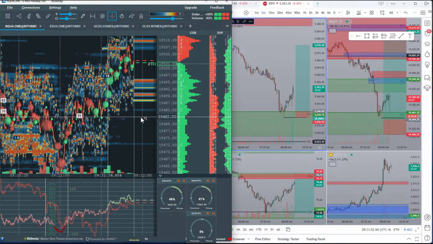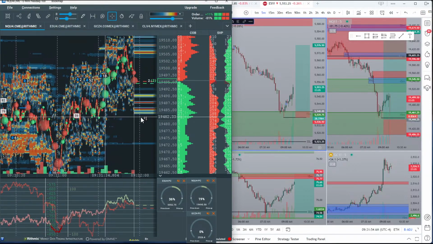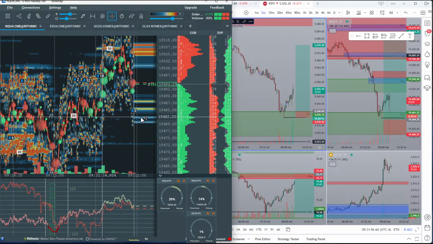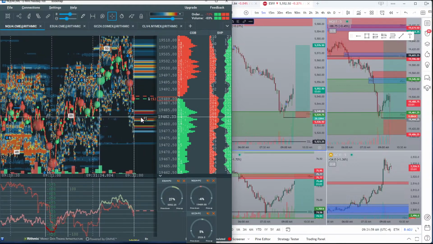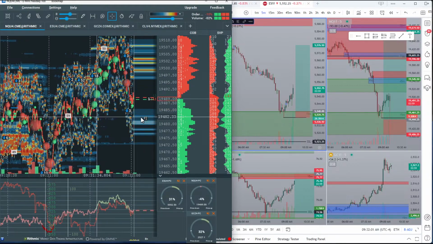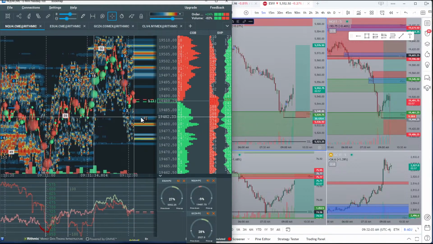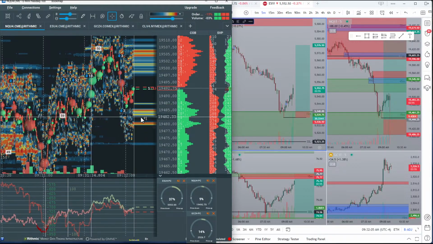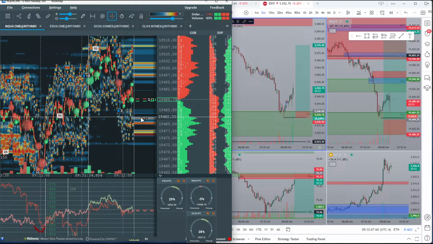NQ didn't give us that demand test. We did have a bit of divergence from previous 5-minute candles, but I'm going to let this close. ES is much stronger now. If I was looking for a scalp, I'd probably look for ES longs, potential NQ shorts. But ES is much stronger right now.